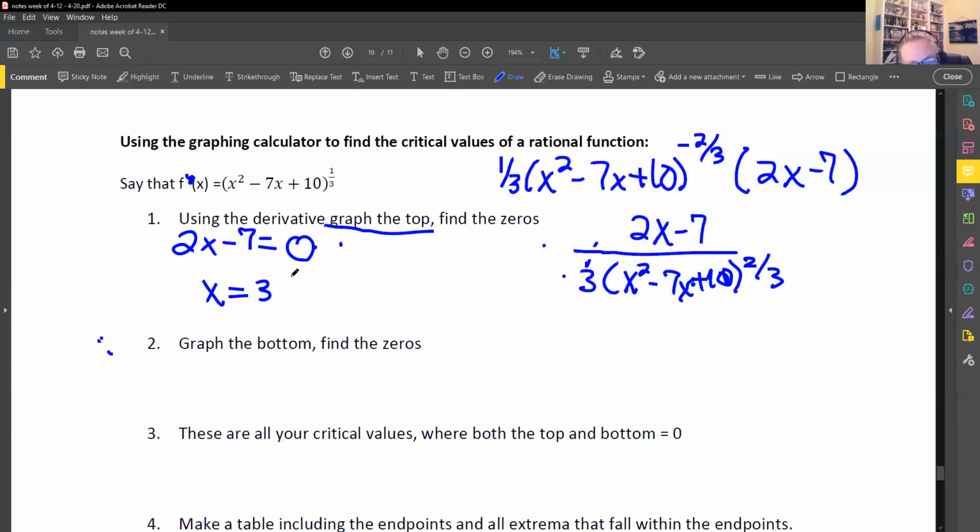Now, the bottom looks complicated, but I can just graph it and figure out when it equals 0. So I'm going to graph x squared minus 7x plus 10 to the 2/3 and see where that equals 0. The 1/3 doesn't really matter. It doesn't do anything.